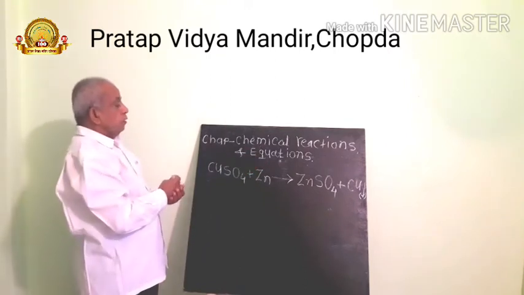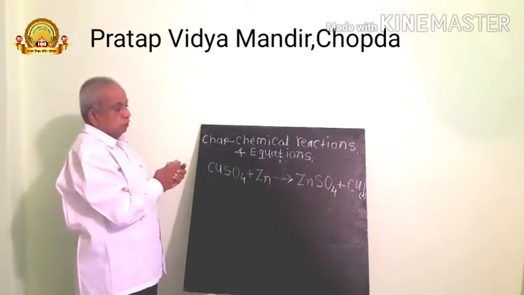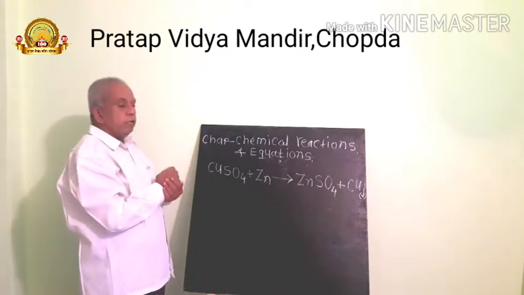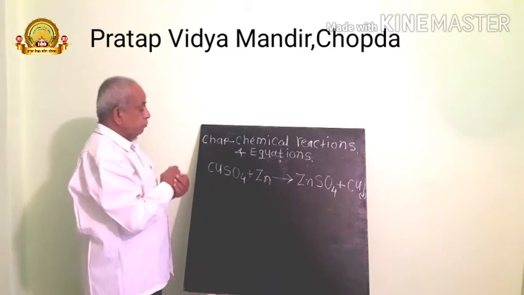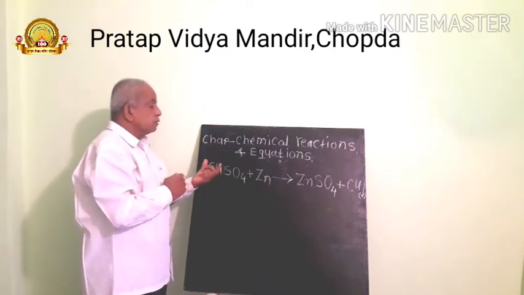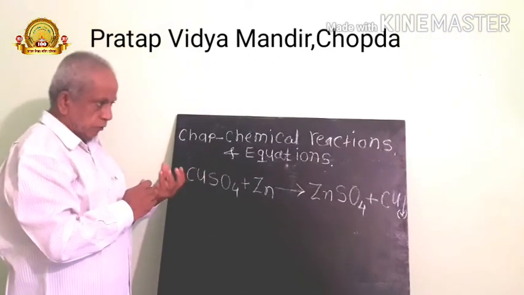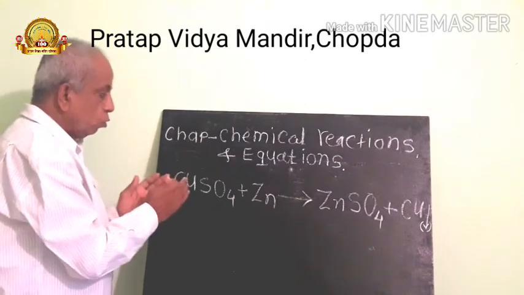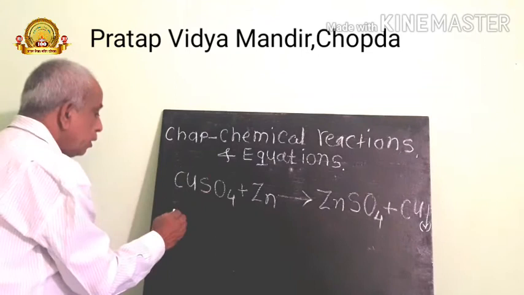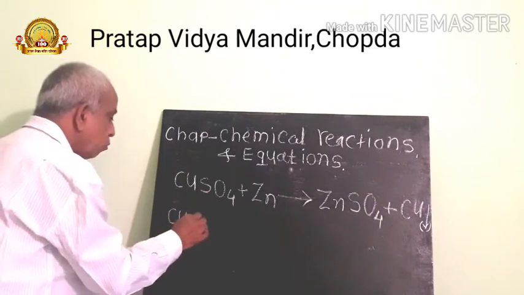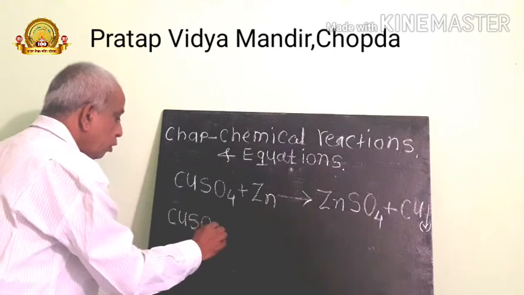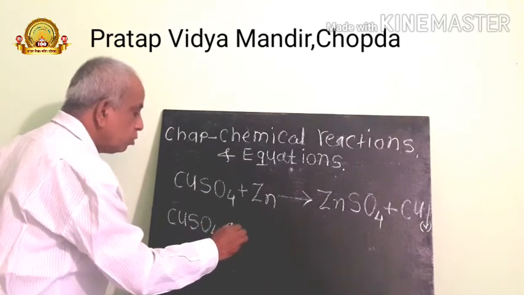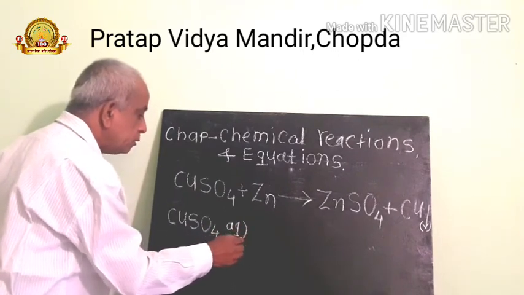Now, there are some rules to write a chemical equation. In a chemical equation, if reactants or products are in different states, we show this state. For copper sulfate, CuSO4, which is in liquid form, write here aq.